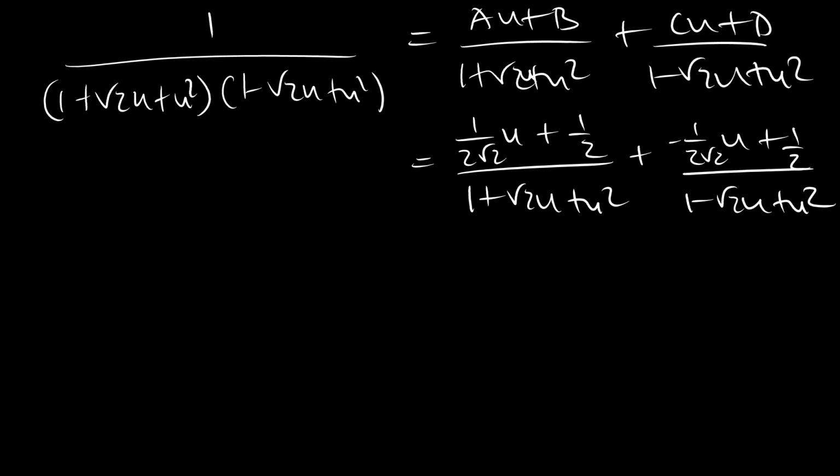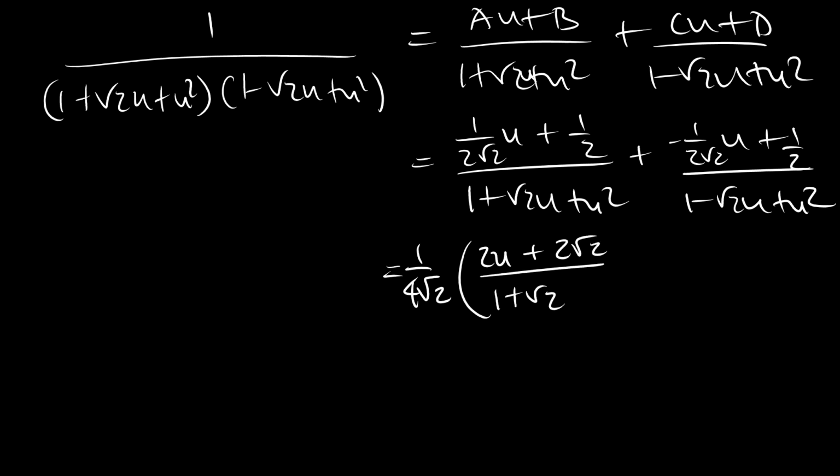keep on going. One thing we could do is we could say this is the same as 1 over 4 root 2, so that we have 2u plus 2 root 2 over 1 plus root 2u plus u squared minus 2u minus root 2 twice of that, over 1 minus root 2u plus u squared.